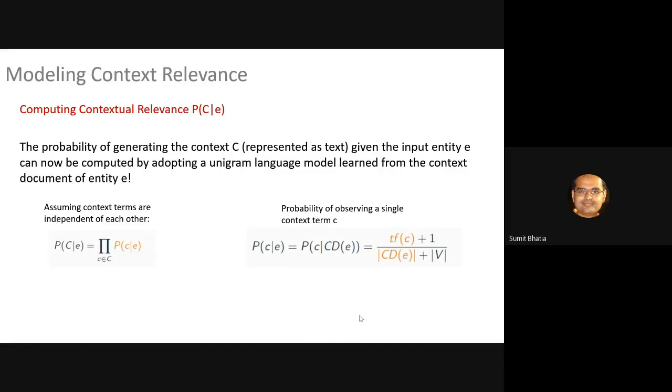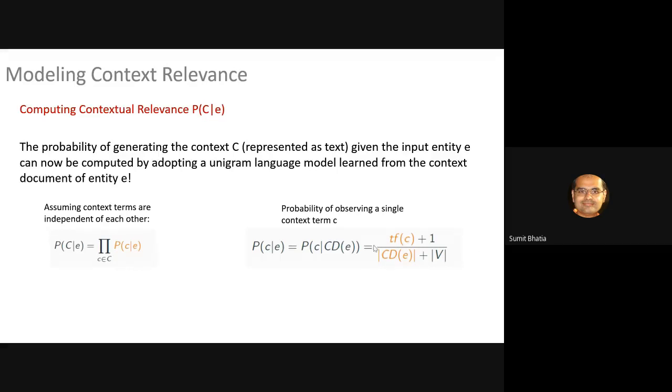In this formula, the numerator is the term frequency of the term in the context document, that is, how many times the context term appears in the context document of my entity, divided by the length of the context document.